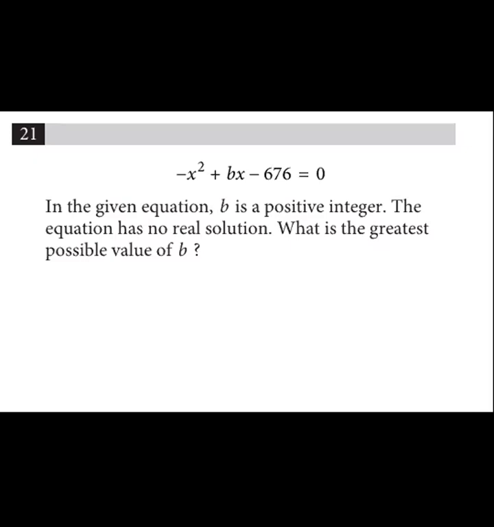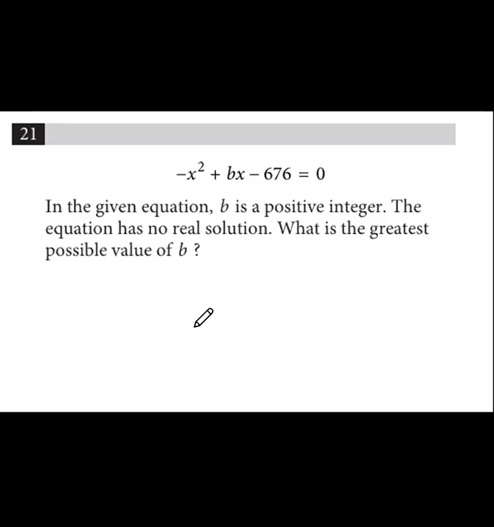Okay, so question 21. We have an equation in the form ax squared plus bx plus c equals 0. We're asked, the equation has no real solution. What is the greatest possible value of b?